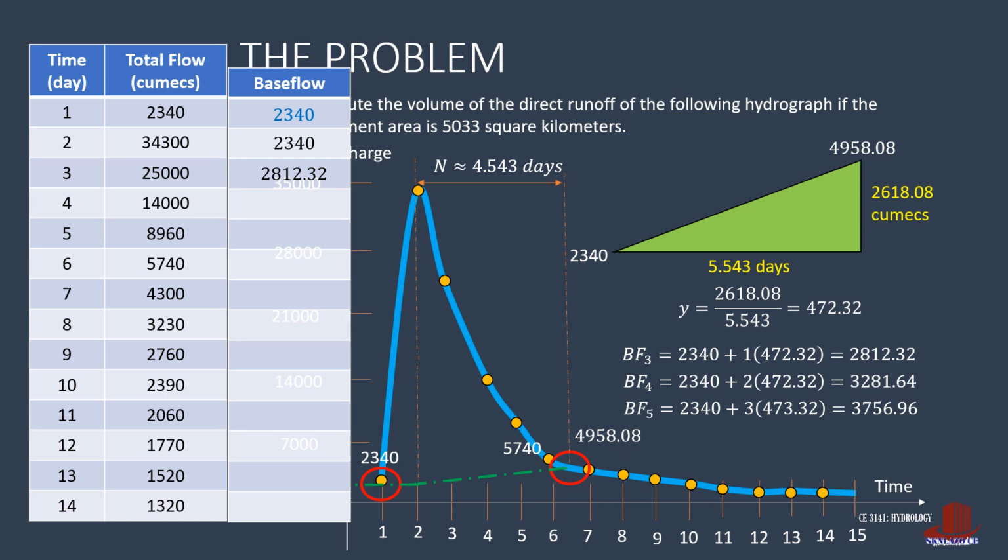From the third day until the fifth, the base flow values are computed as 2812.32, 3281.64, and 3756.96. The sixth day onwards have the total flow considered as base flow.